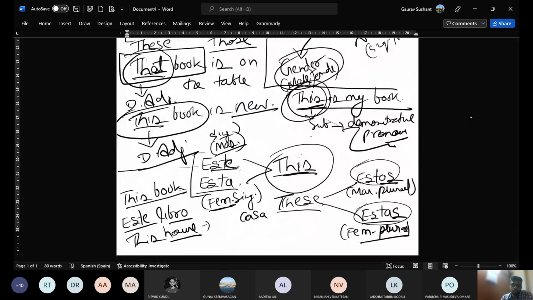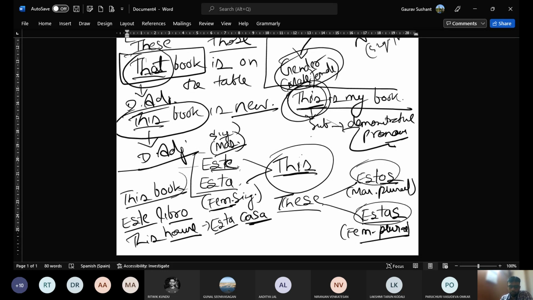So here casa is feminine. So I should be using here esta casa. Okay. Esta casa. So here the book was masculine, so we use este libro. Here casa is feminine, so we are using esta casa. So this is what happens.